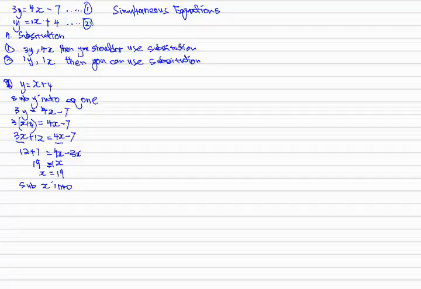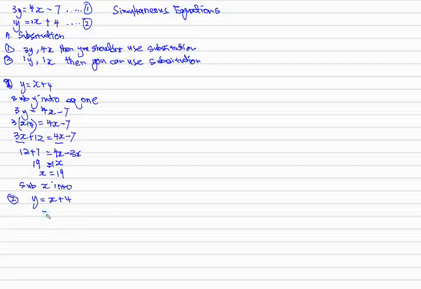Equation 2 is more simplified. So we're going to take equation 2, x plus 4, and substitute x equal to 19 into this equation. This is equation 2. Okay?